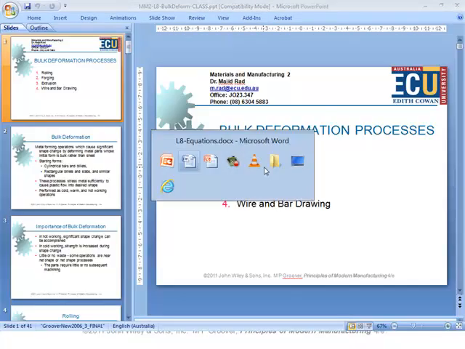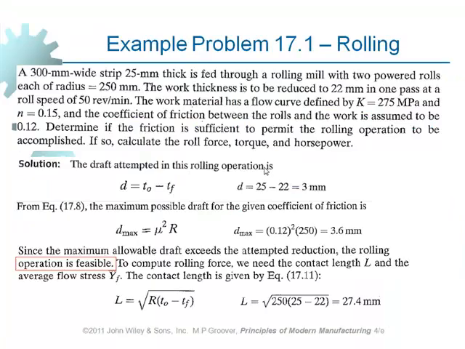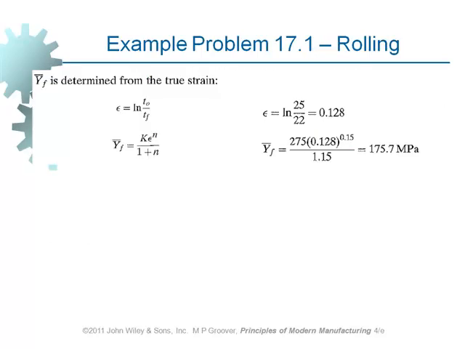Back to the problem. We compute the magnitude of L because all the parameters are given. This is given, this is given, R is also given. Contact length can be computed easily. When this is computed, we move on to compute the magnitude of average flow stress.